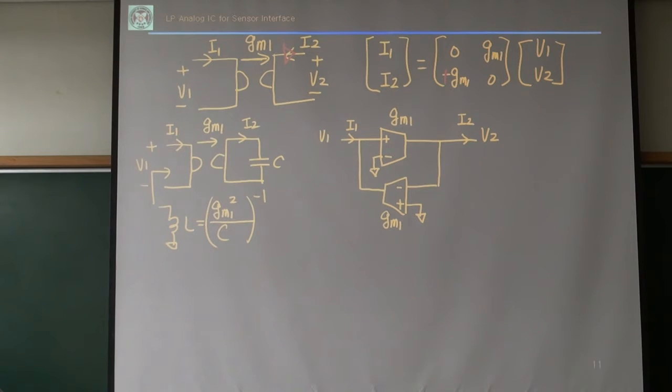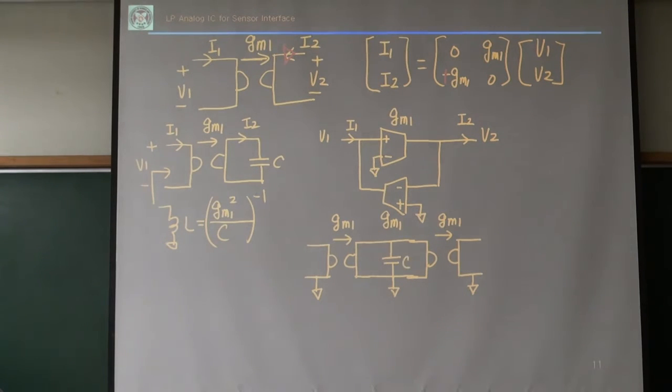If I put two gyrators in series, I have one gyrator here, it goes this way, GM1, and then I have another gyrator there, the same thing, GM1. If I put a floating capacitor there, they are all grounded.